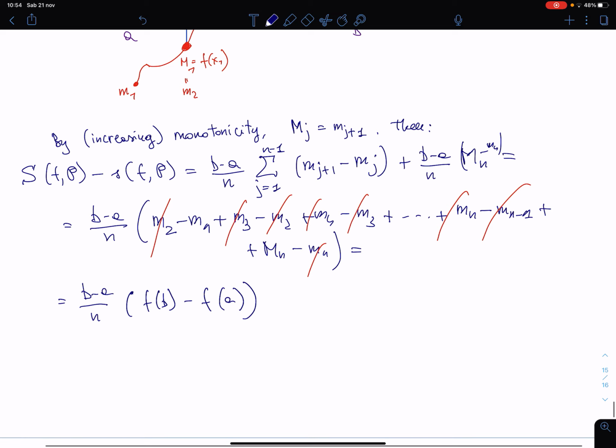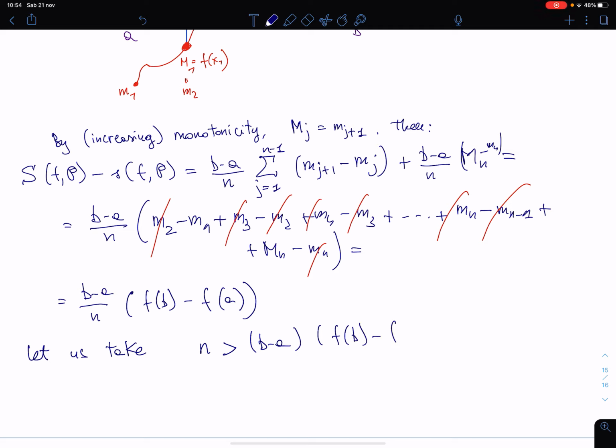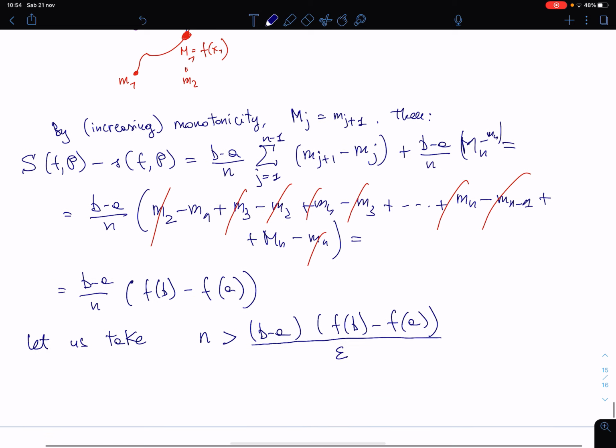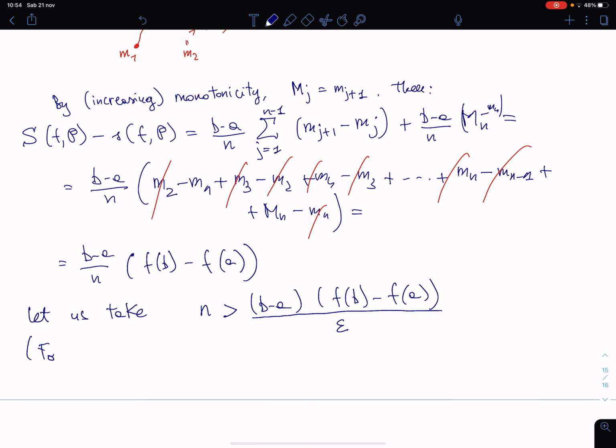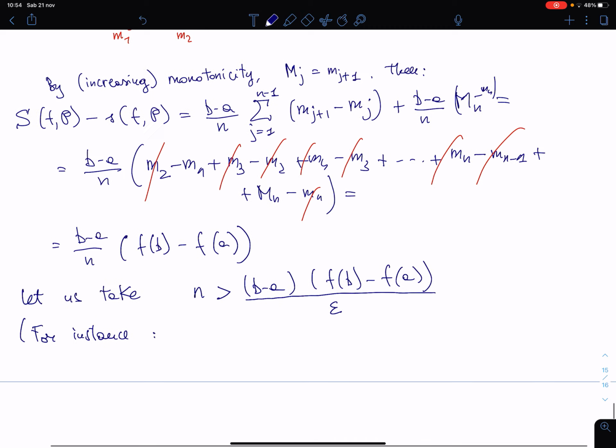And now let us take n larger than b minus a times f of b minus f of a divided by epsilon. You know how it is, for instance, to recall what we said at the very beginning.